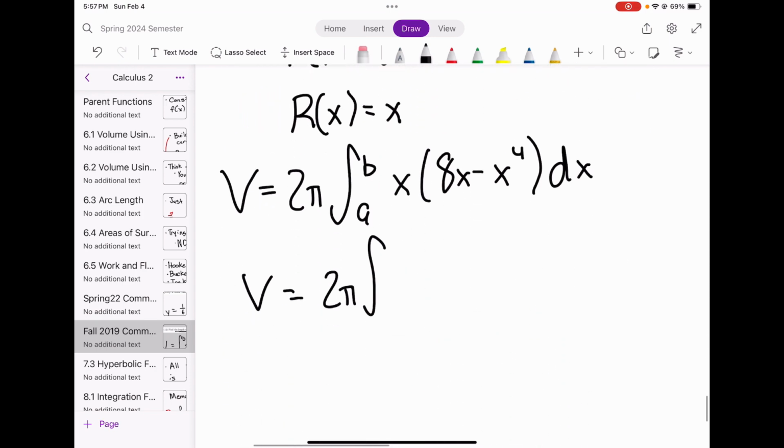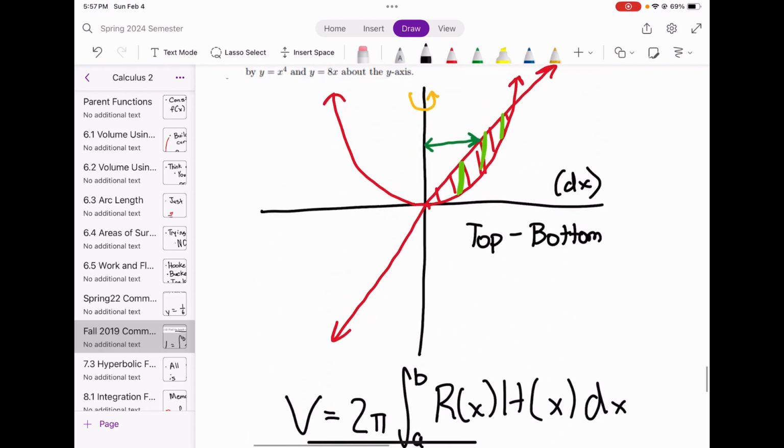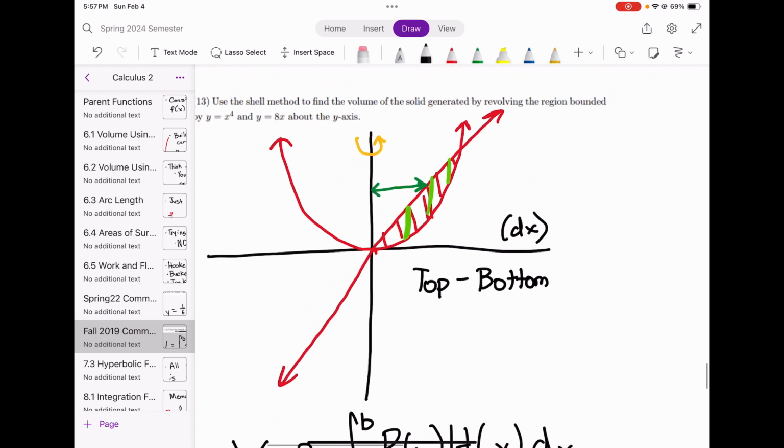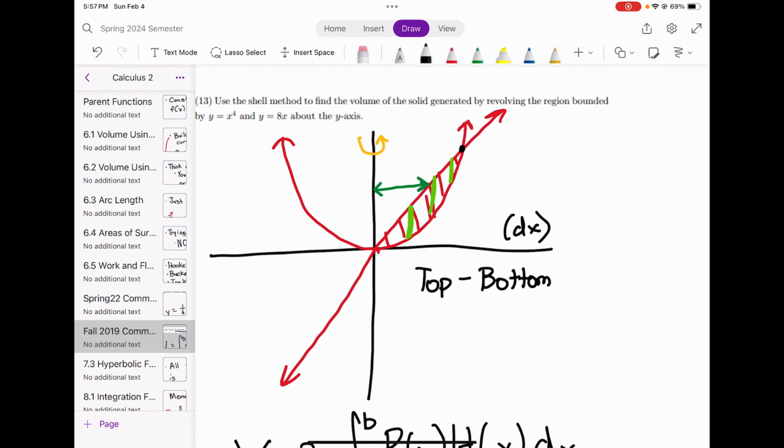We know a is 0, right? Because when you plug in 0 for both of these, they're going to be 0. But we don't know what the second point right here is, so we have to solve for that. The best way to do this is set them equal to each other. X to the fourth is equal to 8x. Bring them all to one side. X to the fourth minus 8x is equal to 0.